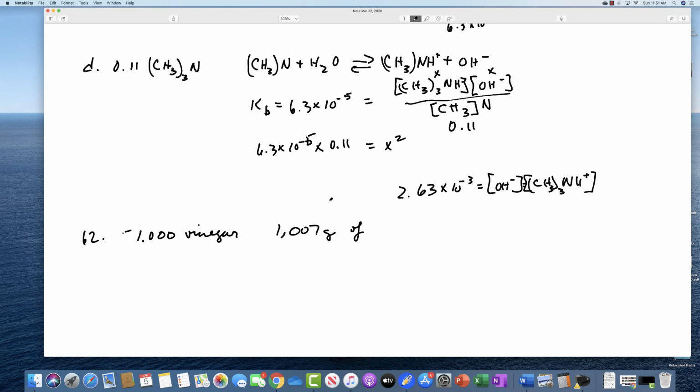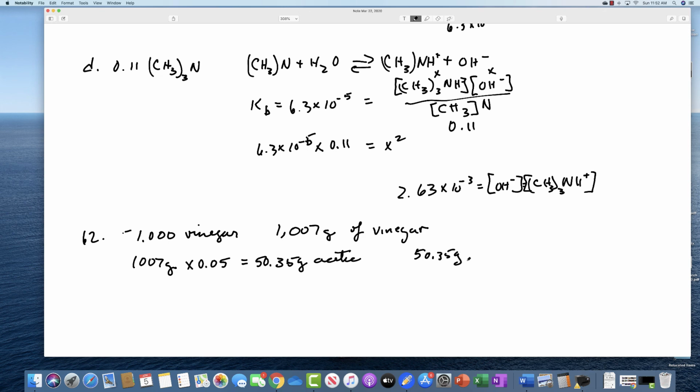Now, this is 5%, which means you multiply 1,007 grams by 0.05 to find the mass of the actual acetic acid, which is 50.35 grams of pure acetic acid, and the rest is water.